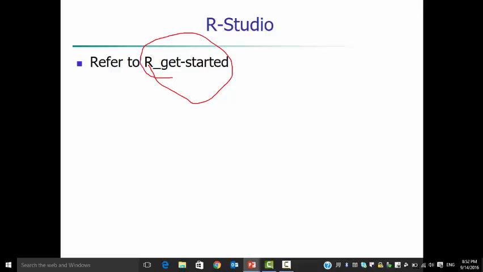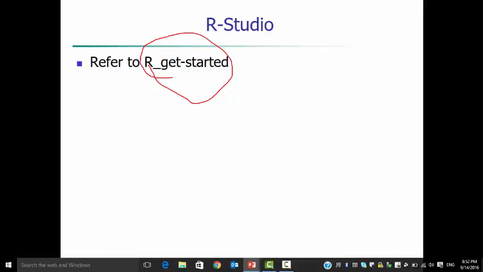When you come back next class, you need to bring your laptop with R. Therefore, we will practice R. As I said earlier, R is very, very powerful, useful, easy to run, and easy to analyze.